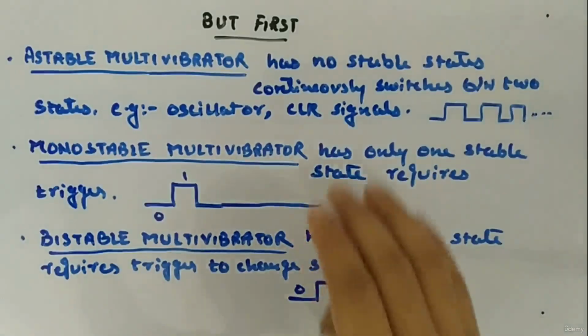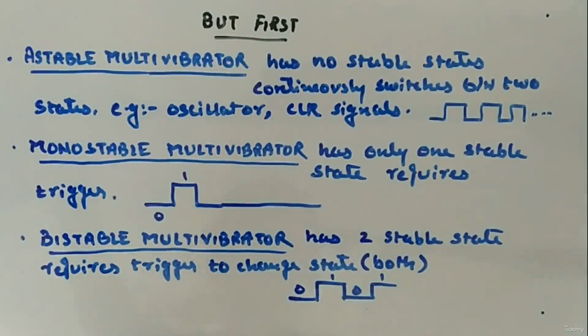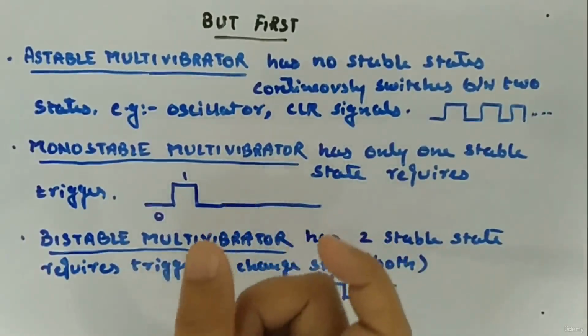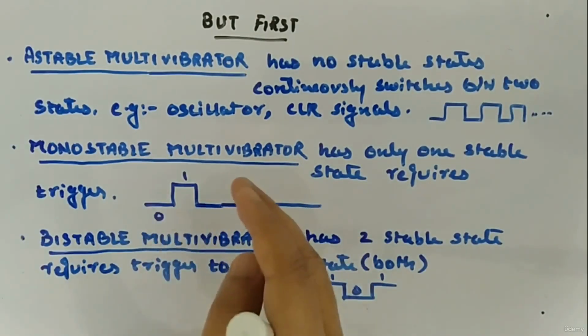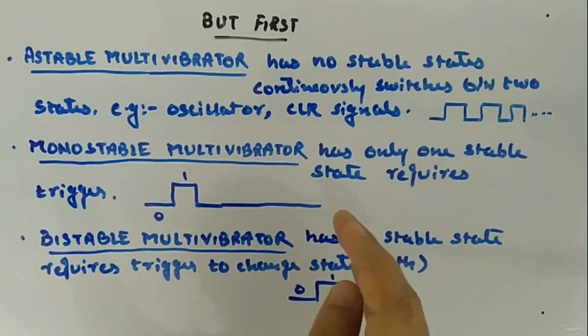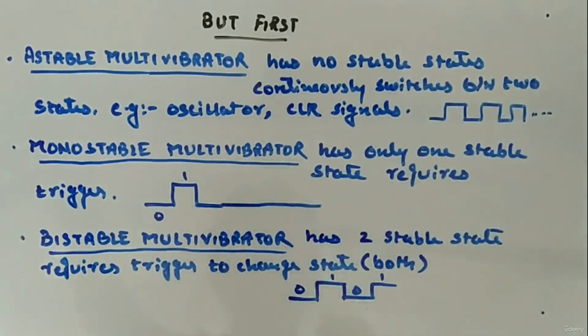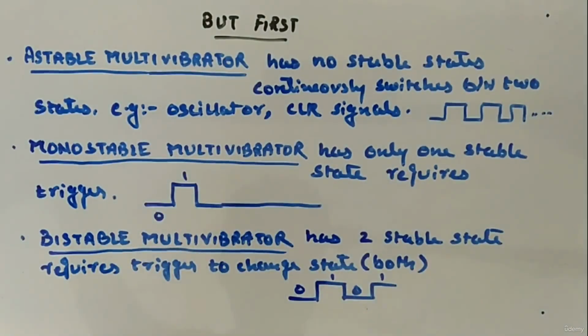So continuously it will switch between 0 and 1. It won't be stable with respect to time. After some point of time it will change state, and at another point of time it will change state again, like this. So it will give you a feel of oscillator or clock signals, which we use generally in digital circuits.